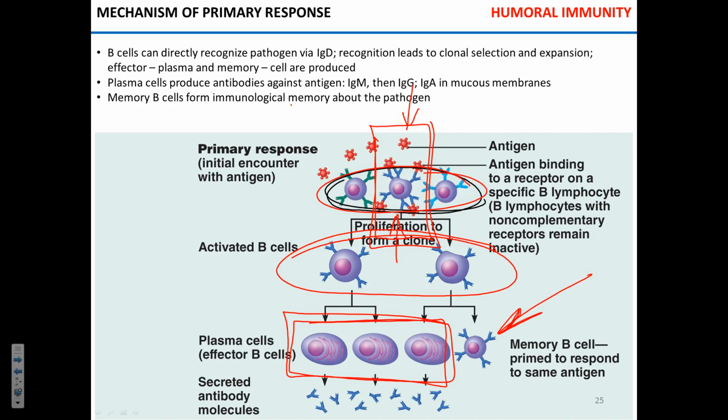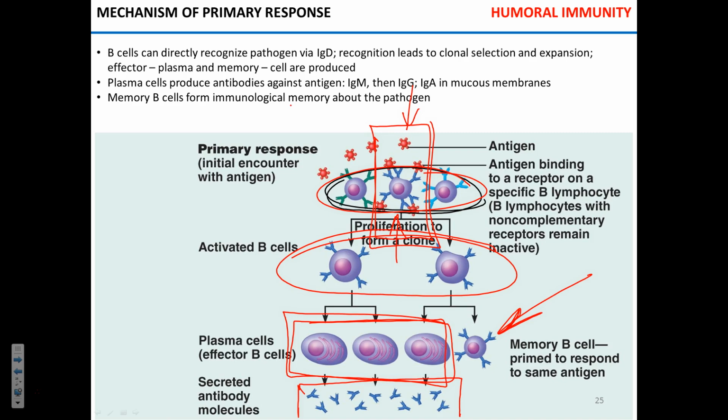Okay? Plasma cells produce antibodies. We're good? Memory B cells retain the immunological memory about the infection that you encounter.